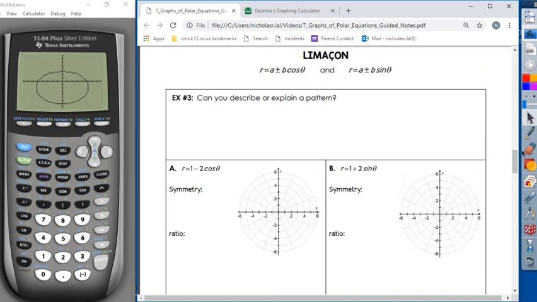We have pure limacon. Let's describe our pattern. If the absolute value of a over b is less than 1, you will have an inner loop limacon.